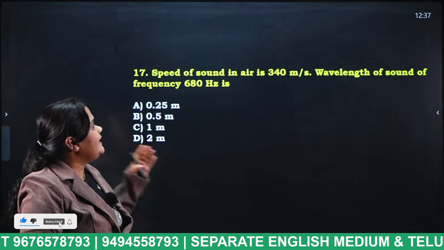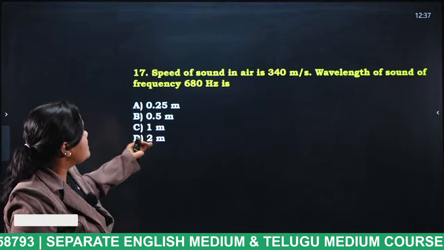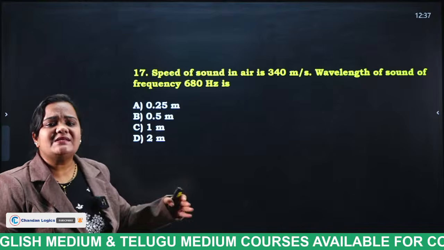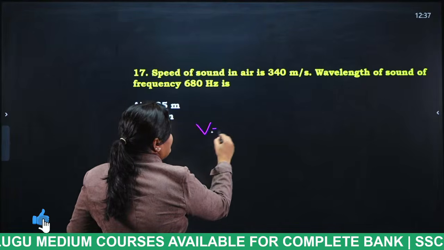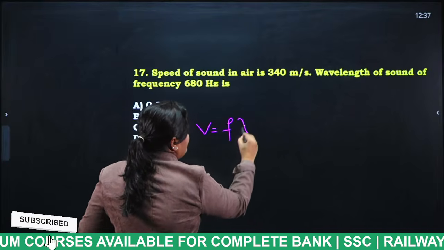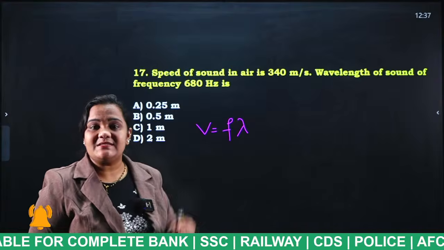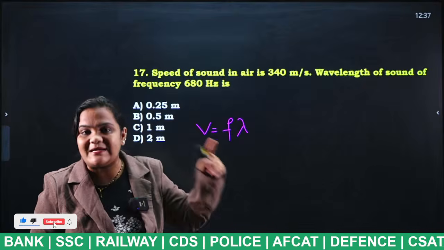Speed of sound in air is 340 meters per second. Find the wavelength of sound of frequency 680 hertz. So what is the formula, students? We all know that velocity is equal to frequency into wavelength. What do you mean by frequency? Frequency is the number of oscillations in 1 second.